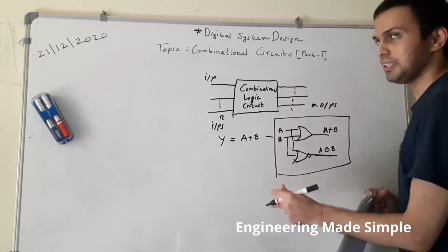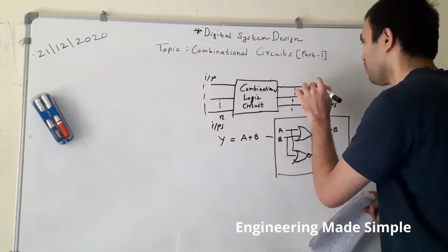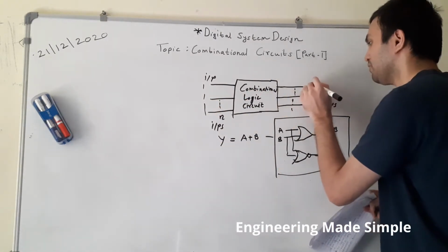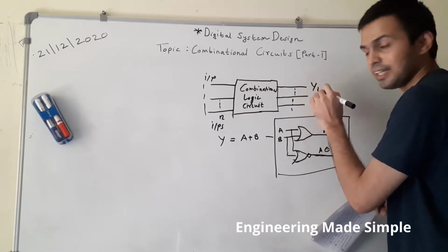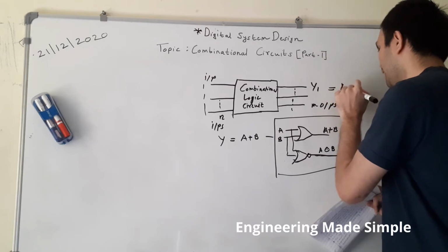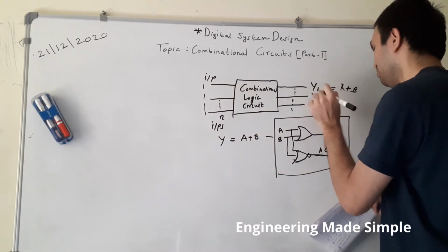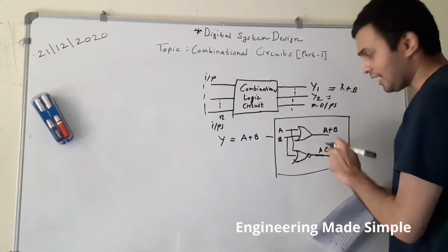So what is a combinational logic circuit? There are input combinations given, and corresponding to these input combinations, different output equations are generated. Let's say here y1 is equal to A plus B. For the same set of inputs applied, y2 will also be generated. What is y2 here?